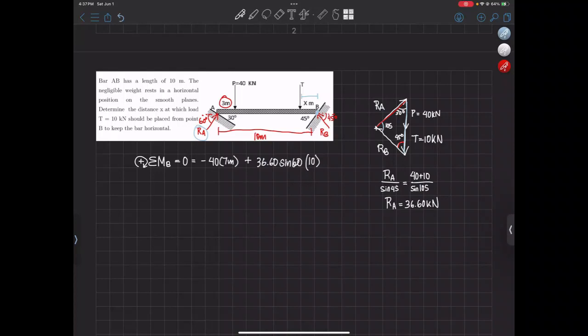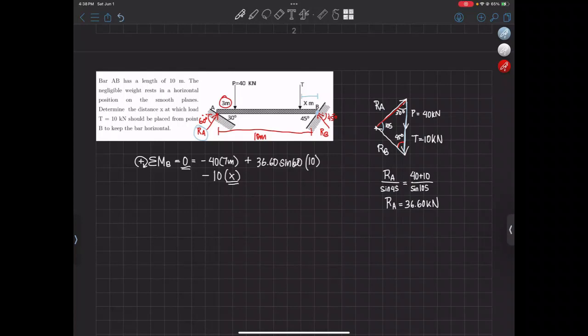Okay, and then the last one, we have T, which is also negative because it is counterclockwise. It's going to be negative 10 kN multiplied by x. All right, so since it's equal to 0, we can find x immediately.